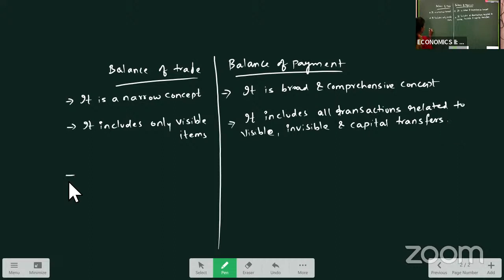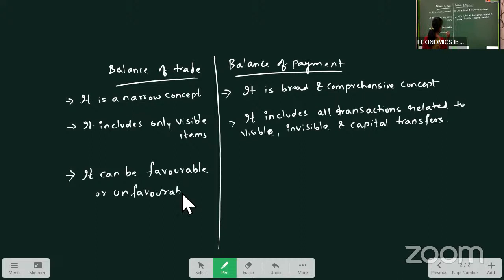Next, it can be favorable or unfavorable. That means we have deficit balance of trade or surplus balance of trade or balanced balance of trade.